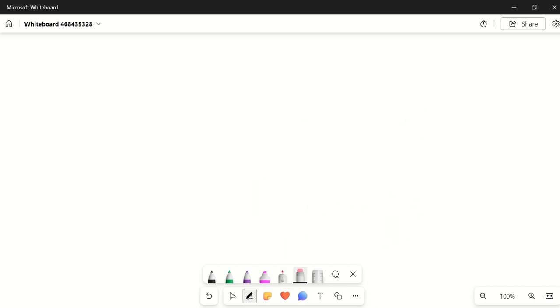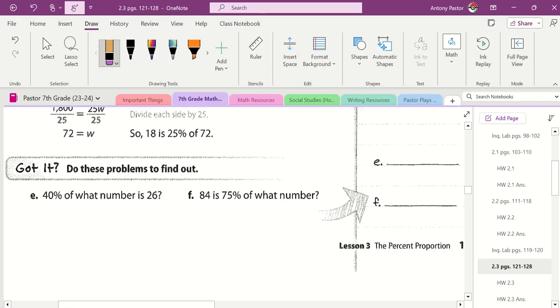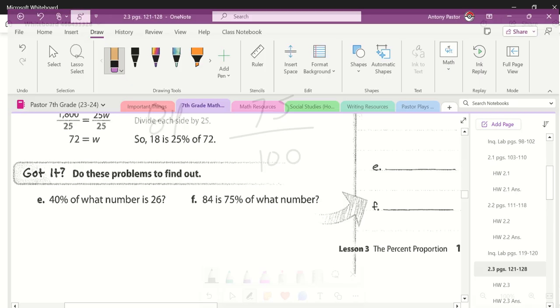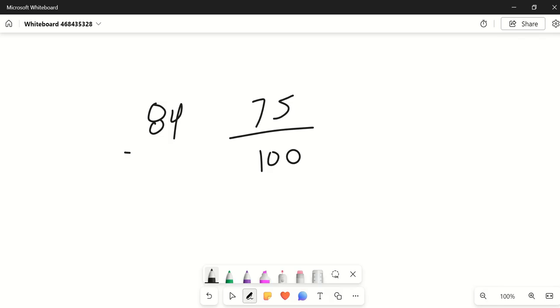And our last example. 84 is 75% of what number? So we got 75%. We have 84. I'm going to double check my question, yes, 84 is 75% of what number? W is there. This will become 8400.